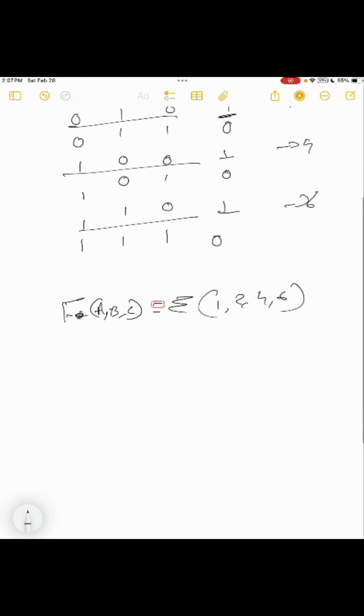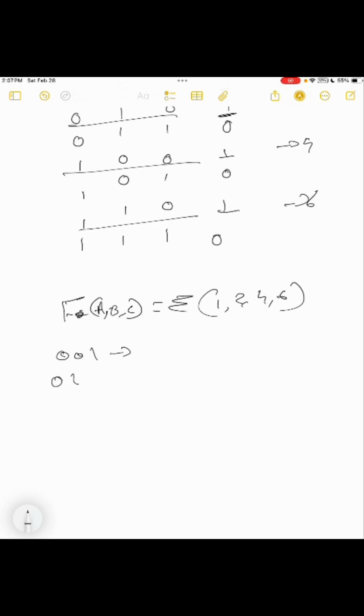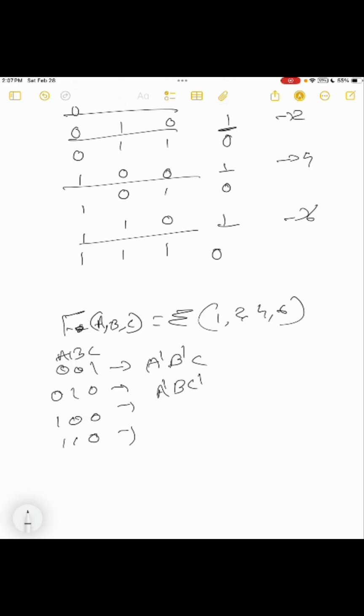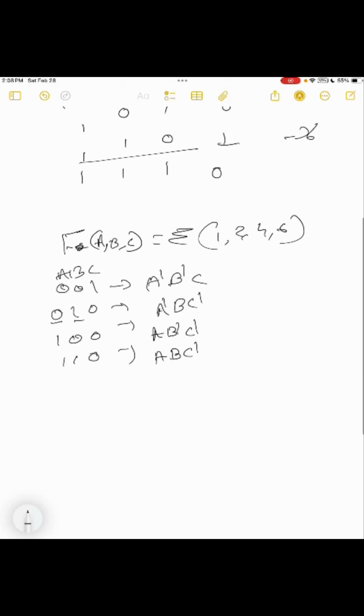We found f equals 1 for rows 1, 2, 4 and 6. So this is A, B and C. If it is 0, then it will be a primed letter, and if it is 1, then it will be a normal letter. So 0 0 1 is A dash, B dash, C; 0 1 0 is A dash, B, C dash; 1 0 0 is A, B dash, C dash; and 1 1 0 is A, B, C dash.